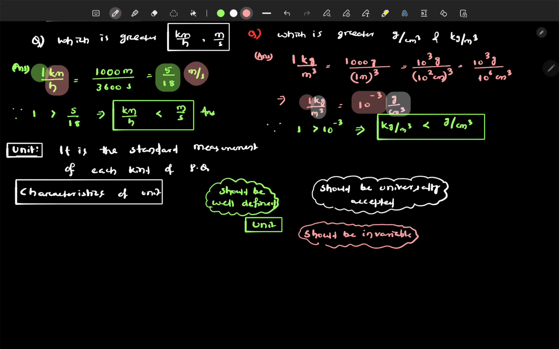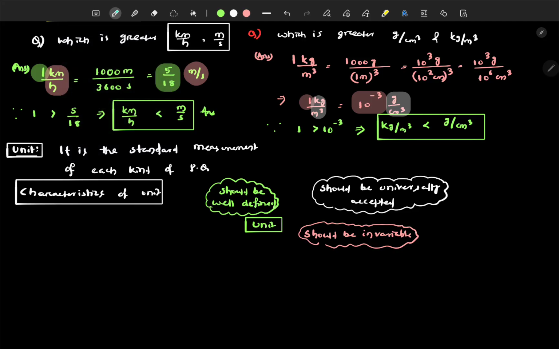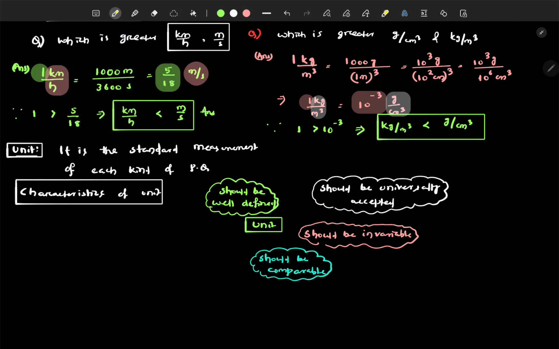What is the other thing? It should be comparable. Another thing we can write, it should be reproducible, that means it should be convertible.